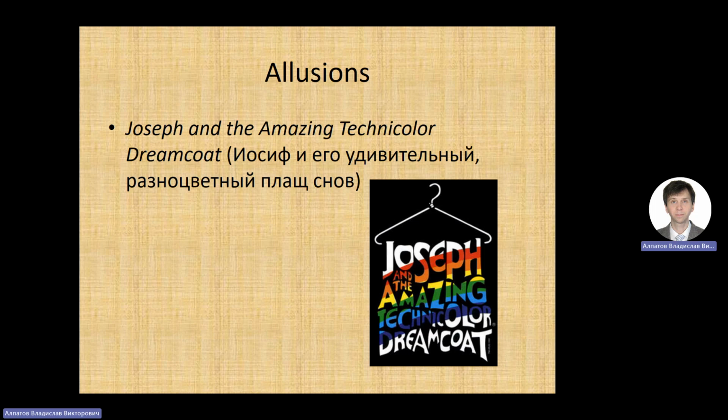And of course, this is based on an allusion to the book of Genesis and the story of patriarch Joseph, who had a multicolored tunic, which appears in the story of his kidnapping and selling to Egypt.